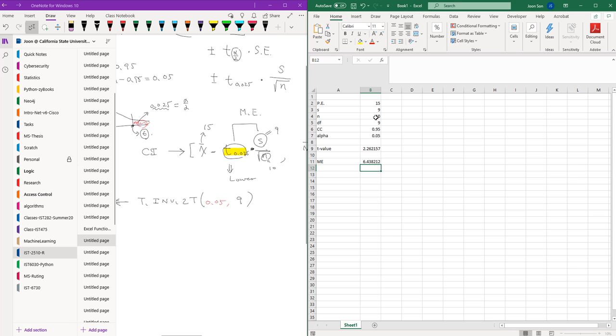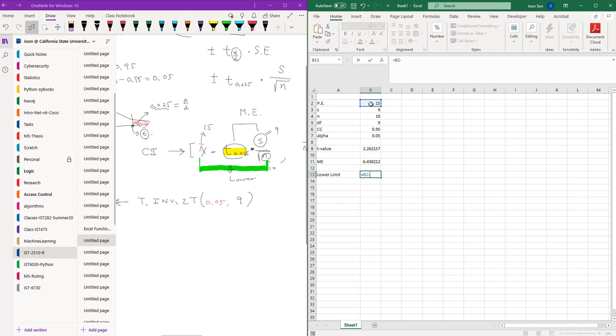Now I want to find the lower limit. I'd like to find the lower limit, which is the whole thing. The lower limit is x bar, which is the point estimate, minus my margin of error.